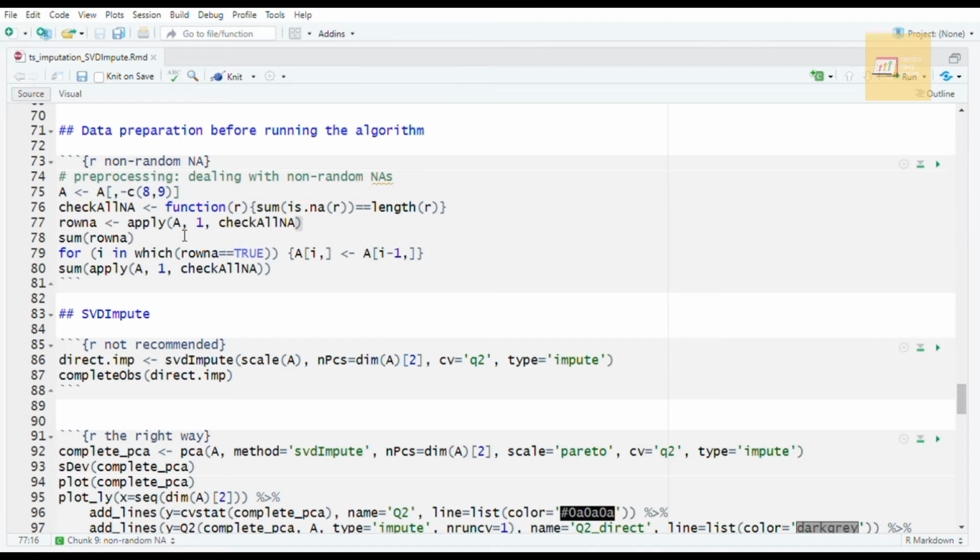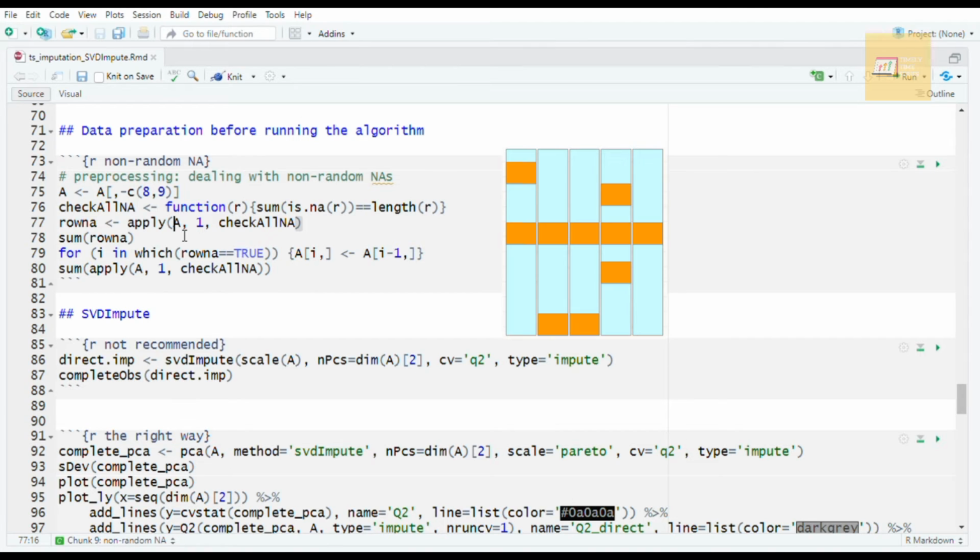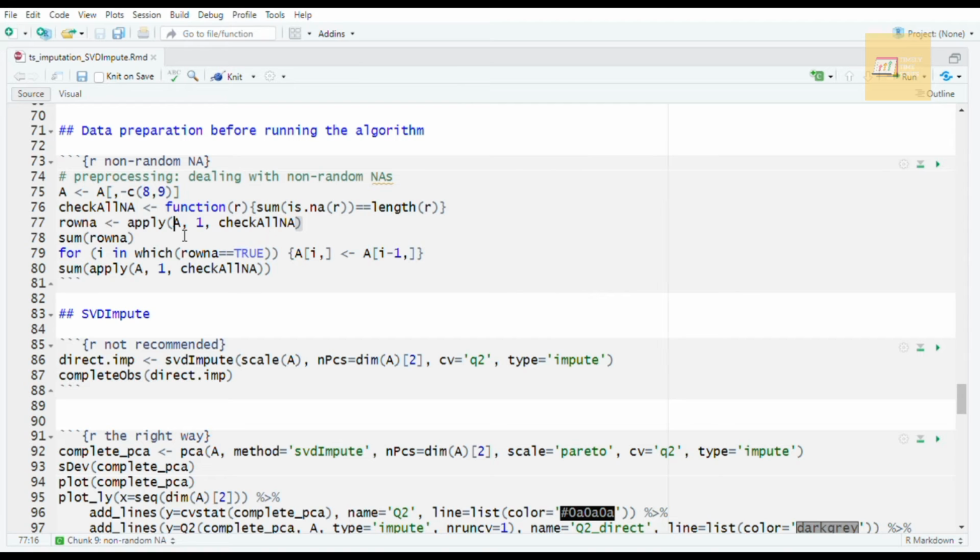The next requirement is that we cannot have rows with all missing values. Like I illustrated earlier in the theory section, we cannot have a row with all orange boxes. To check that, I made a little function in the next line, 76.